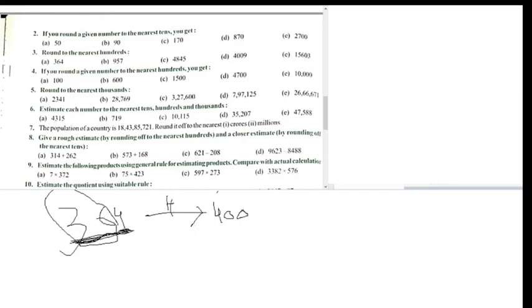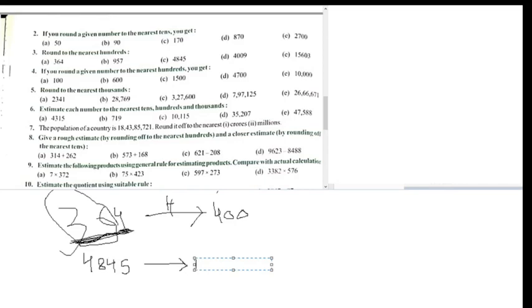This will be rounded off to the 100 place. Now round off 4845. Here, 800 on the 100 place. This is ones place, tens, hundreds.